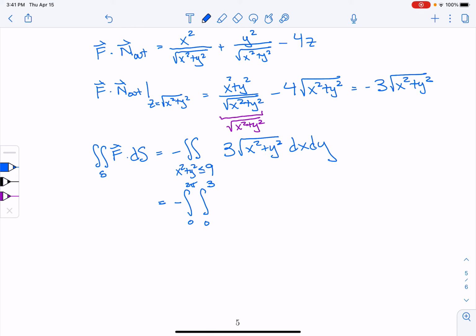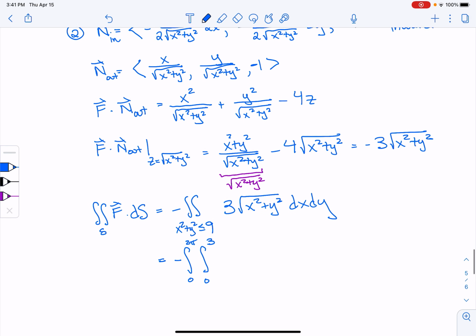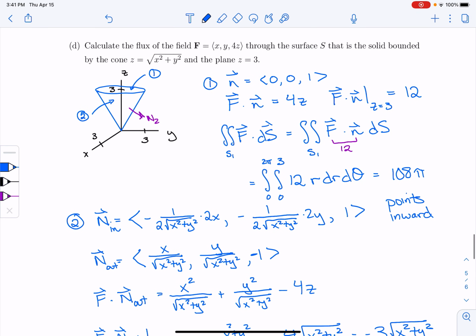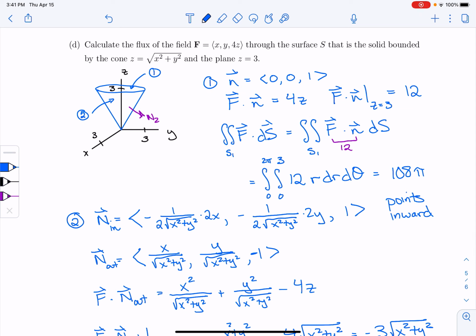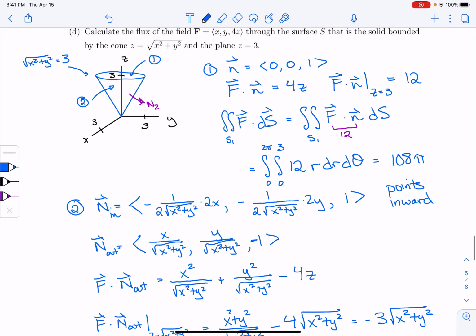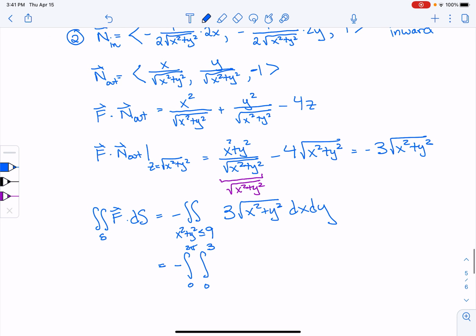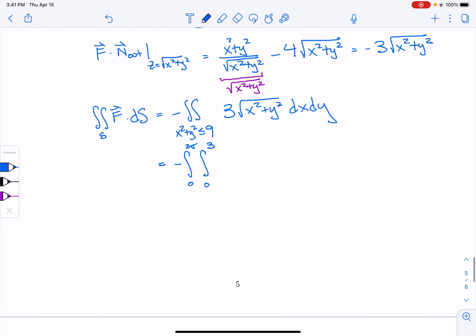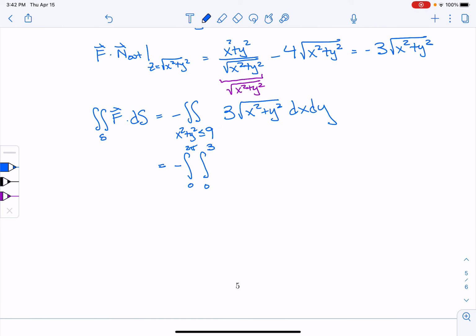If I go back, I have z equal to the square root of x squared plus y squared. So this intersection right here is where square root of x squared plus y squared is equal to 3. So that should be x squared plus y squared equal to 9, and that gives us that my circular region is x squared plus y squared less than or equal to 9.